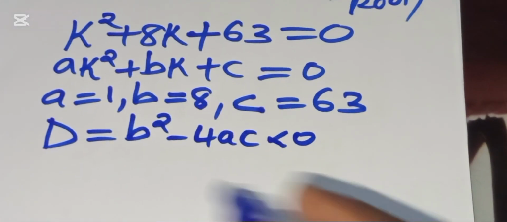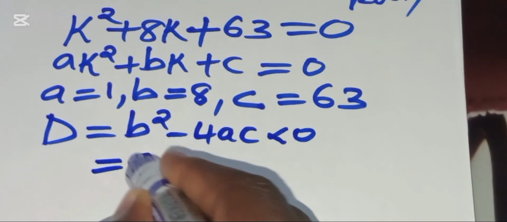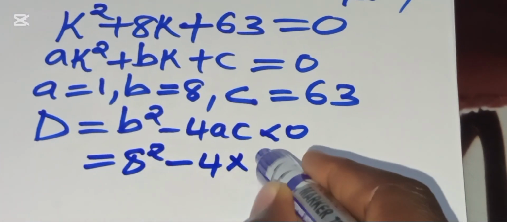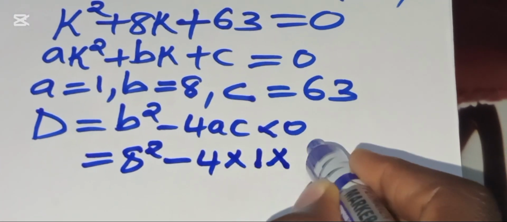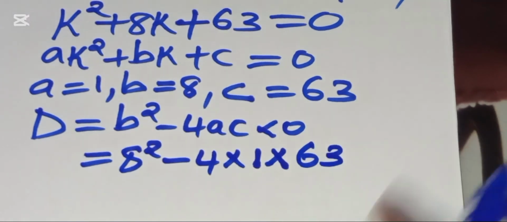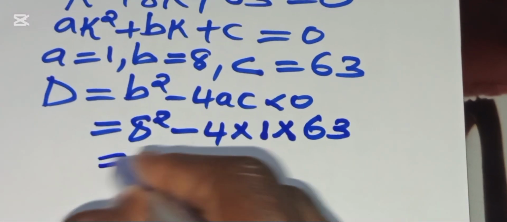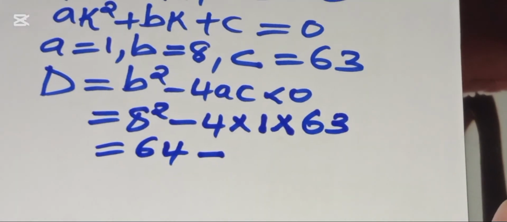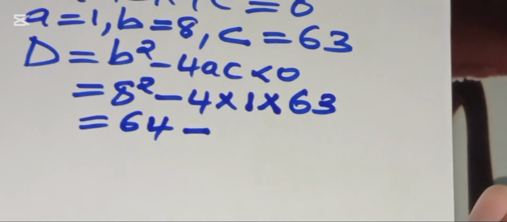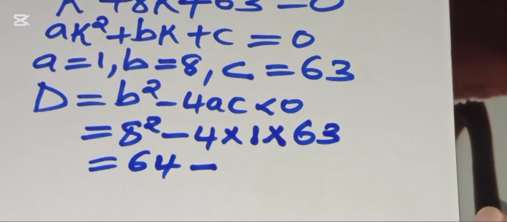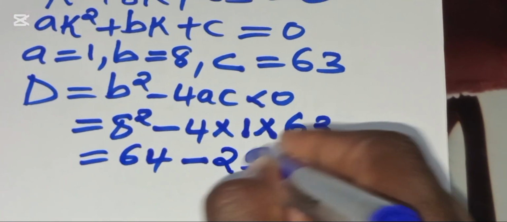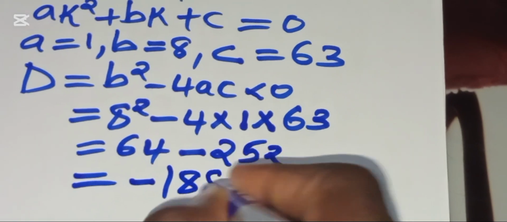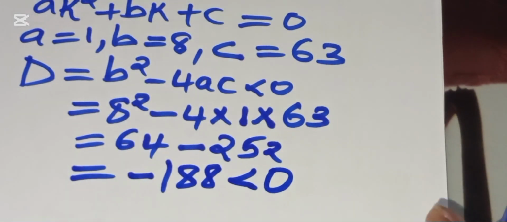Our b squared is 8 squared, subtract 4 times a, which is 1, times c, which is 63. So here we have 64 subtract 63 times 4, which is 252, which gives us a value of negative 188, which is actually less than 0.